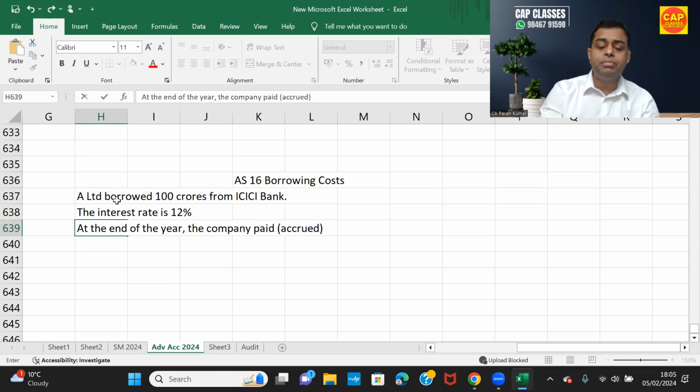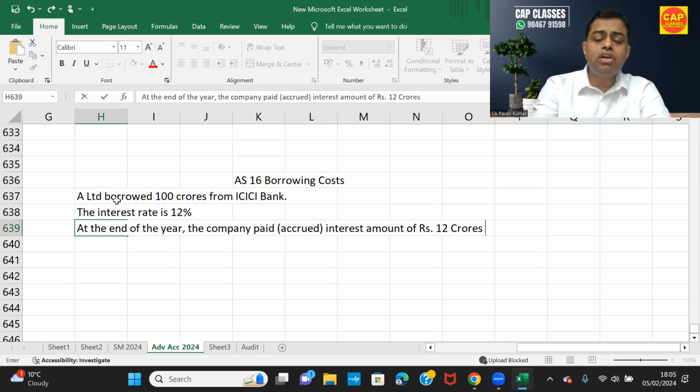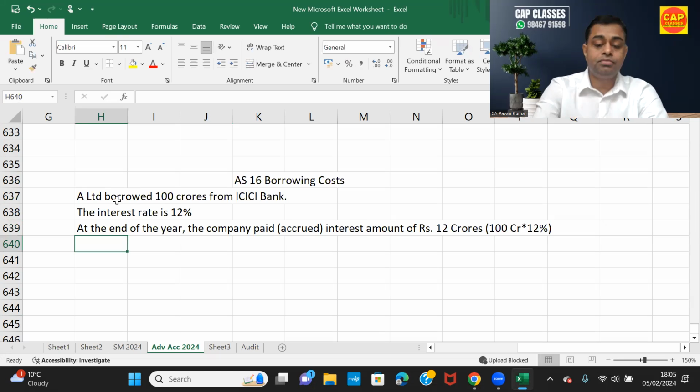Let us assume for the sake of simplicity that they have paid, interest amount of rupees 12 crores. How did this 12 crores come? 100 crores loan into 12% interest rate. So 12 crores is the interest amount.